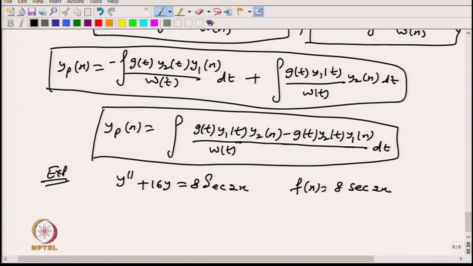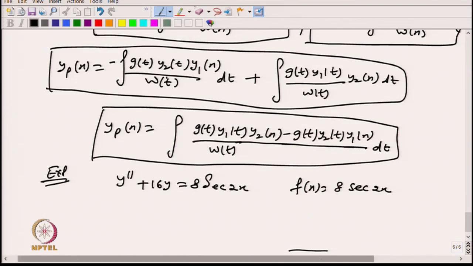Until now we have not done any method for when the function f(x) on the right hand side is a secant function. Till now we have found particular solutions whenever the right hand side is an exponential function, sin x, cos x or some polynomial.